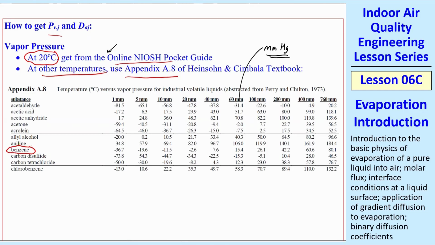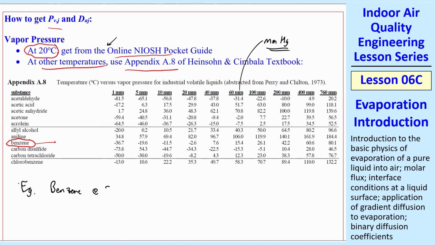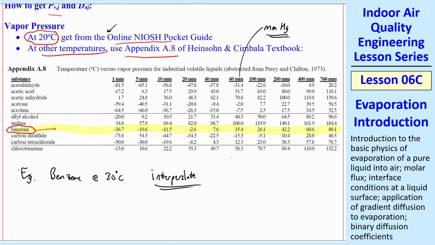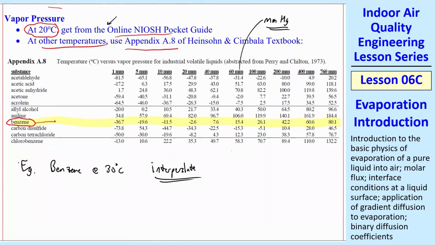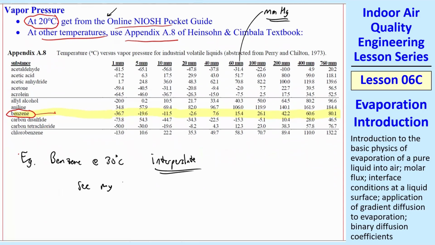Let's look at benzene, which is a common chemical, at 30 degrees C. Now, if you're lucky, 30 degrees C would be one of the temperatures along this benzene row. But you don't have 30 degrees, but 30 is in between these two. So you have to interpolate. We know our answer is going to be between 100 and 200 millimeters. If you're not familiar with interpolating or you forget how to do it, I'm going to point you to my YouTube channel.